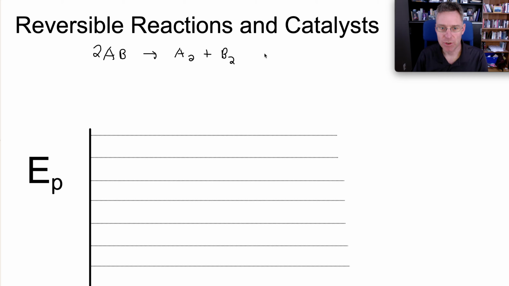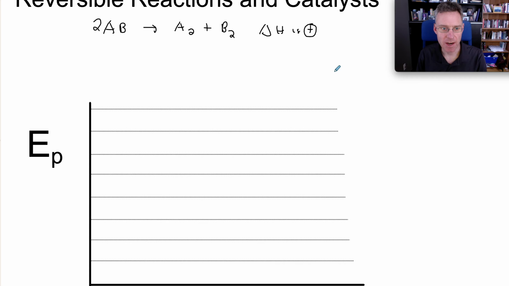I'm going to assume that the change in enthalpy is positive now, so this is going to be an endothermic reaction. There's going to be more potential energy at the end than at the beginning. We'll see what this looks like, and we'll look at the characteristics of the reversible reaction and what a catalyst does to the diagram.